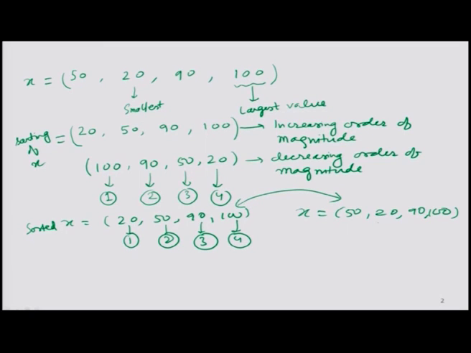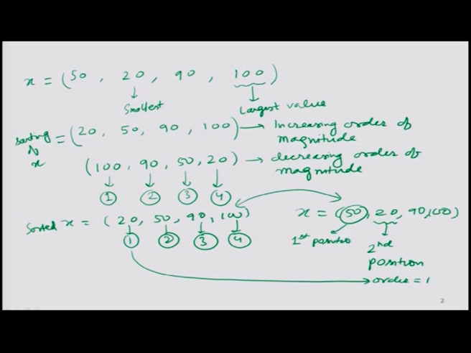Here the 20 is coming at the second position in the original vector, but the order of 20 is 1. Similarly, 50 is coming in this vector at the first position, but the order of this 50 is 2.